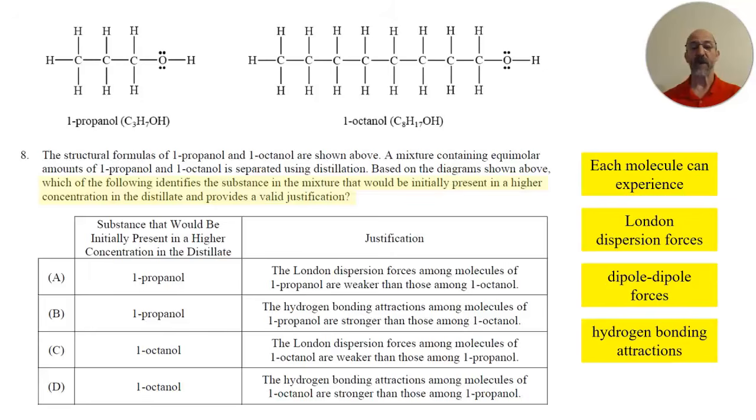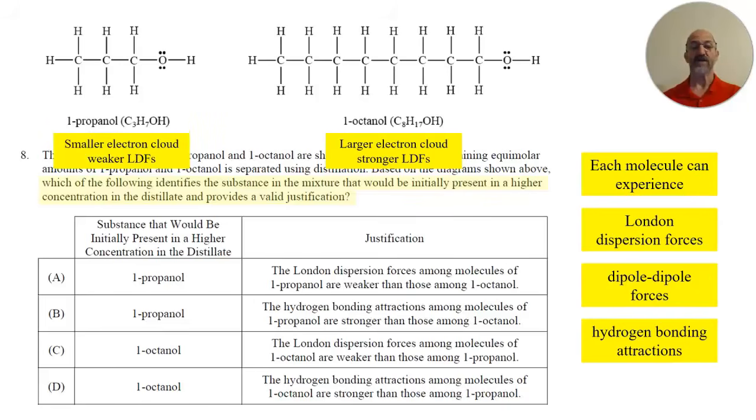So I'm going to focus on the difference in the relative strength based on the London dispersion forces. So a larger electron cloud, stronger London dispersion forces for 1-octanol, smaller electron cloud, weaker London dispersion forces for 1-propanol. So we have a lower boiling point for 1-propanol and a higher boiling point for 1-octanol.